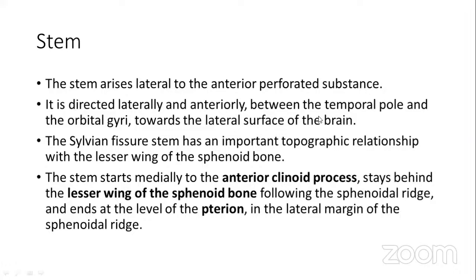It is directed laterally and anteriorly between the temporal pole and the orbital gyri towards the lateral surface of the brain. The Sylvian fissure stem has an important topographic relationship with the lesser wing of the sphenoid bone. So when we identify the lesser wing, then we have the Sylvian fissure stem that can be seen on the lateral surface. The stem starts medially. Medially, its limit is the anterior clinoid process. Laterally, we have the lesser wing of the sphenoid bone up to the point of pterion.